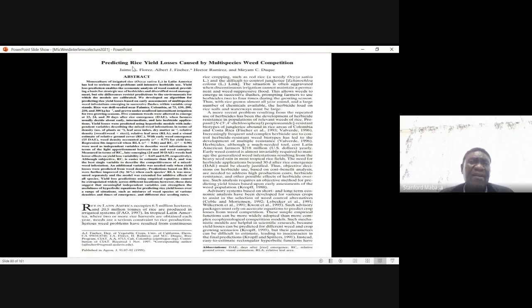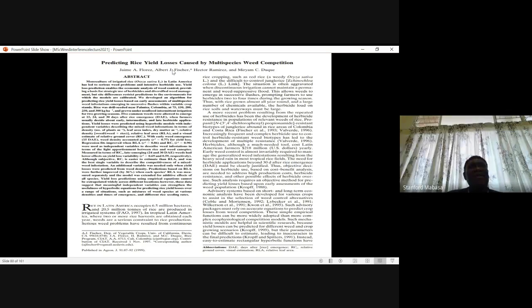This other paper is predicting rice yield loss. This is actually in a natural field with multiple species, where we have many weeds, like what we always see in the field. It is trying to incorporate various methods. Cousens' approach and Kropff and Spitters' approach are also tested in this paper.